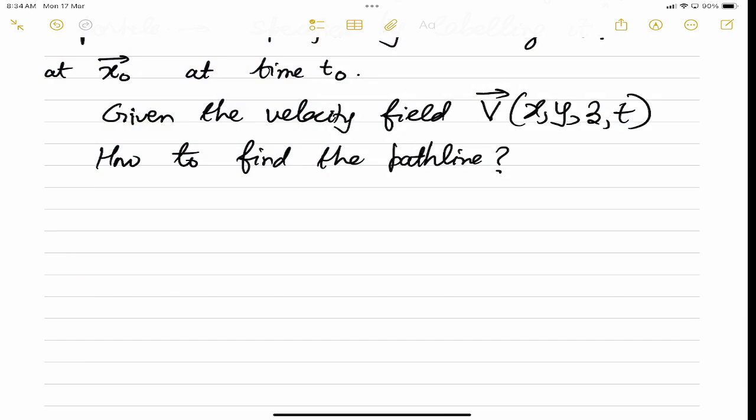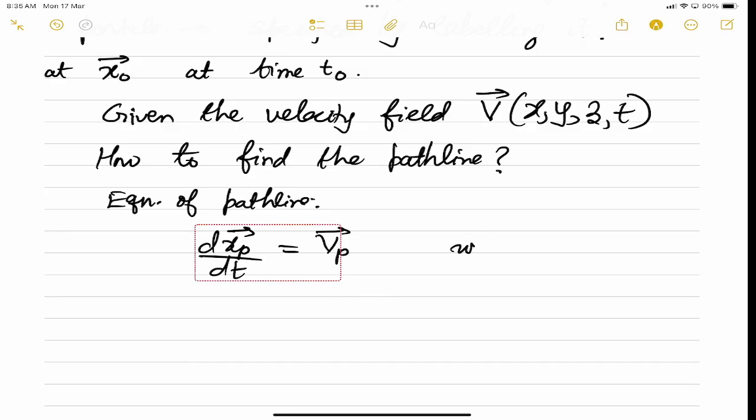So now, how do we find the equation of a path line? We are given the velocity. Now, the equation of path line will be, if the velocity field V(x, y, z, t) is given, and this will also tell you how to relate Eulerian and Lagrangian for a particular variable.